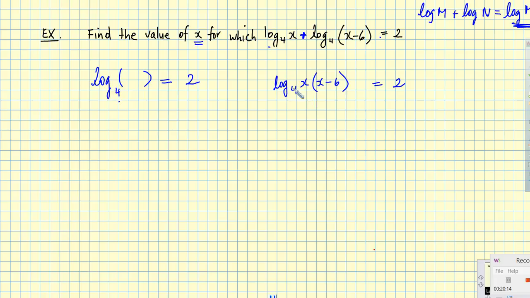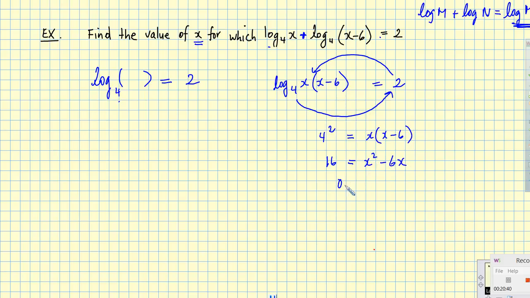Now this could be rewritten as an exponent, so I could say 4 raised to the power of 2 has to equal x times x minus 6. So 4 raised to the power of 2 equals x times x minus 6. And I get 16 is equal to x squared minus 6x.